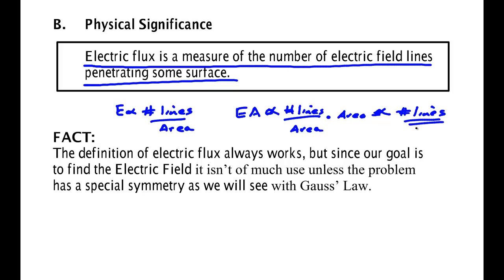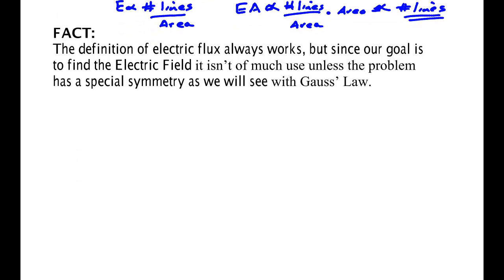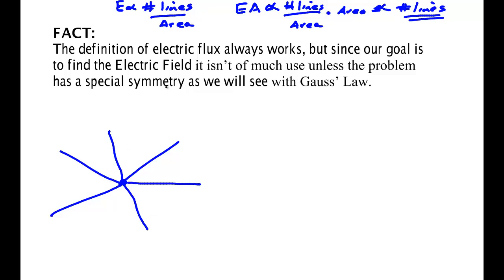So if you have twice the flux, you have twice the lines. Now what is this saying? This is saying that if you have something like this, and you had a set of lines coming out of here, maybe that's a 6 coulomb charge, and over here somewhere in a different problem you had a 3 coulomb charge.